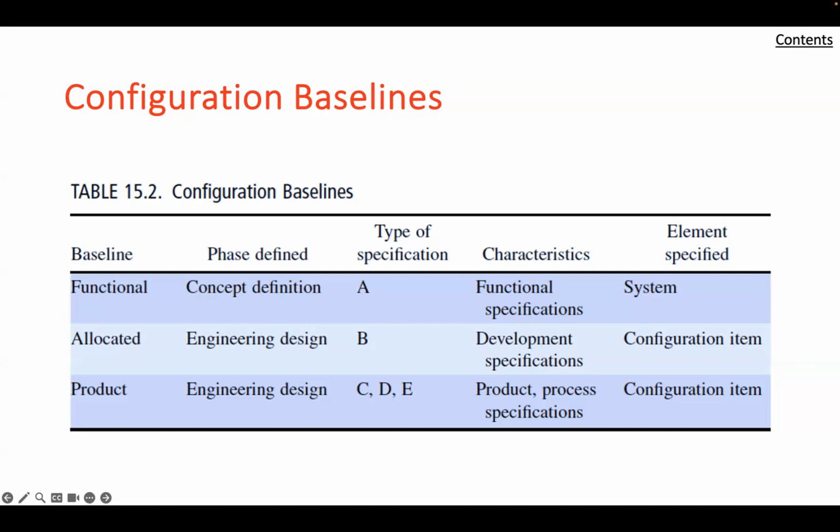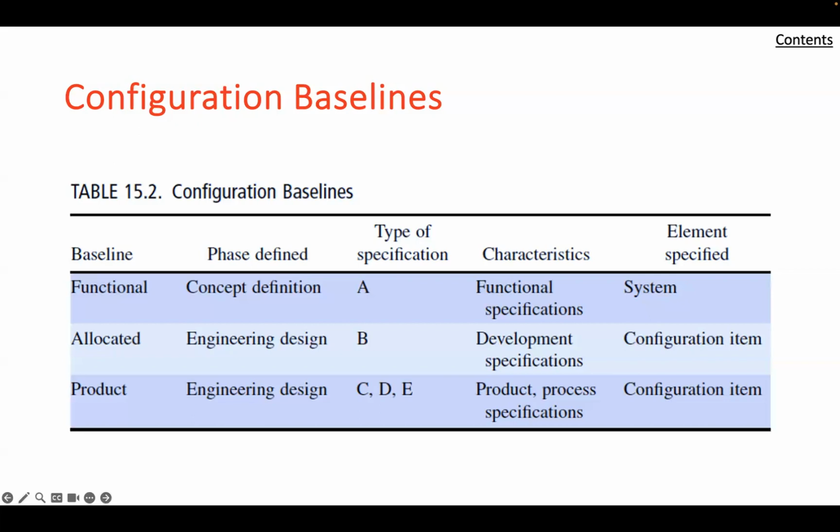The functional baseline describes the system functional specifications as they are derived from the system performance requirements during the concept definition phase and serve as the input to the advanced development phase. The allocated baseline is defined during the engineering design phase as the allocations of functions into system components are validated by analysis and tests.